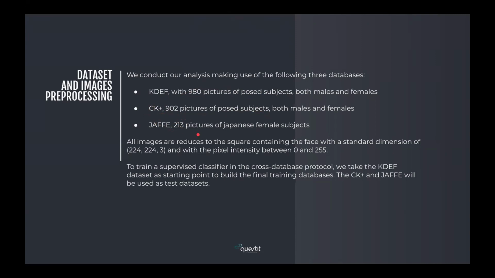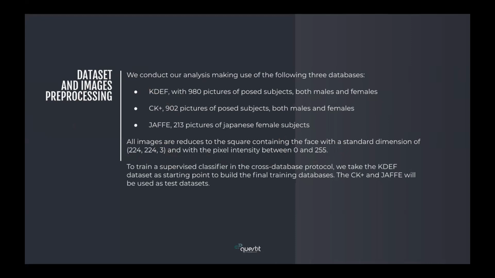As I said at the beginning, to understand what kind of emotion a person is feeling, in a first approximation, we look at the facial details. So, all images are reduced to the square containing the face with a standard dimension of 224 by 224 by 3, where 3 are the RGB channels, and with pixel intensity between 0 and 255.